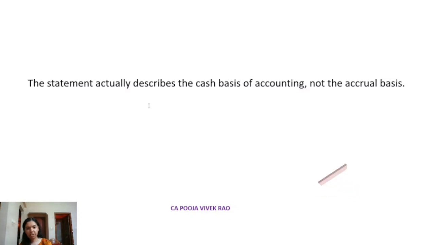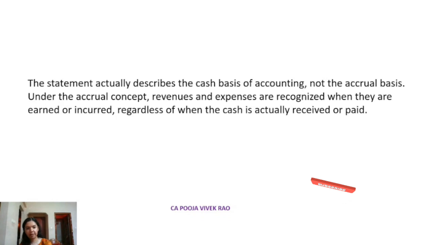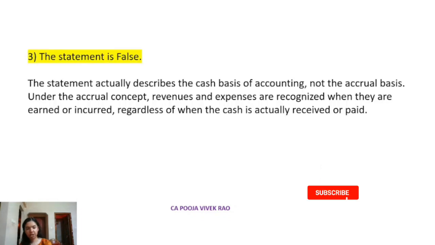Under the accrual concept, revenue and expenses are recognized when they are earned or incurred, regardless of when the cash is actually received or paid. So the statement which mentions that accrual means recognition as money is received and paid is actually the cash basis of accounting. Hence the statement in the question is false.